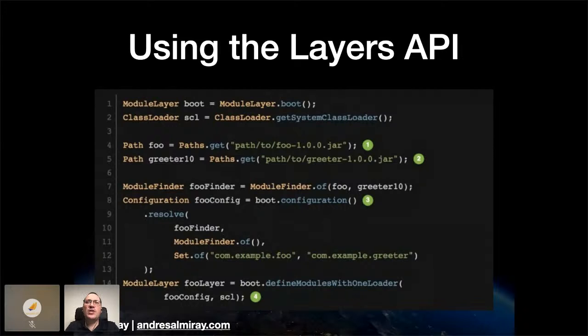We assume that each one of these jars defines 1 module, so that's good. Then we create additional configuration to find these modules. And then we see in line 12 the names of the modules that we expect. And finally, in line 14 is where we create the module layer based on all those definitions. And it's from that module layer, the full layer, that we can start loading classes, we can launch an application, we can work with it.